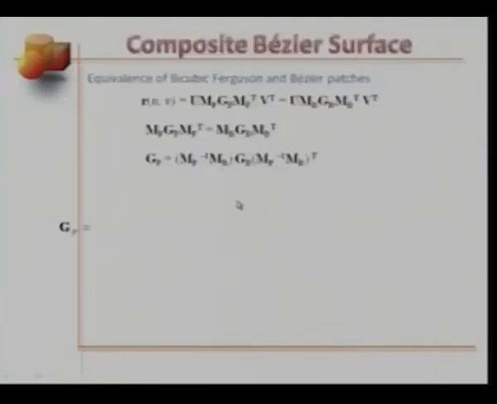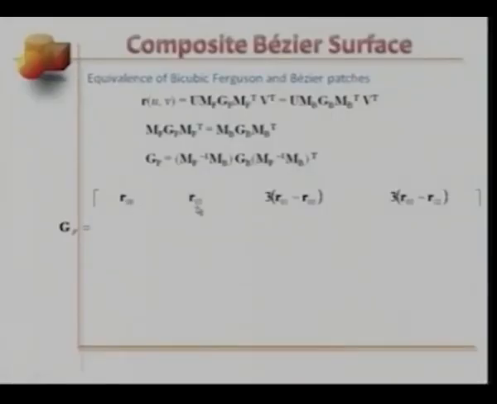So, in terms of the design points that we have seen pertaining to G_B, we can get the geometric matrix for the corresponding bicubic Ferguson's patch. The first row is R00, R03, 3 times (R01 minus R00), 3 times (R03 minus R02). Second row, R30, R33, 3 times (R31 minus R30), 3 times (R33 minus R32).